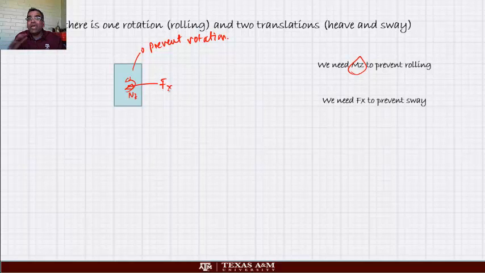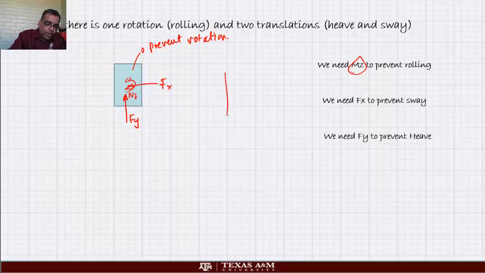So that's called swaying. When you talk about swaying, that's moving sideways is called swaying, and you need to prevent that. And last, but if you do those two things, it can still move that way. So you need to prevent that by applying a force Fy. And that's called heaving. Going up and down is called heave.